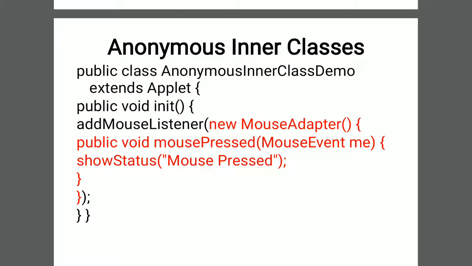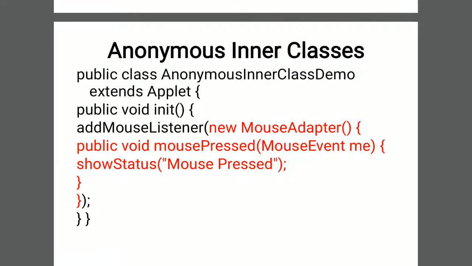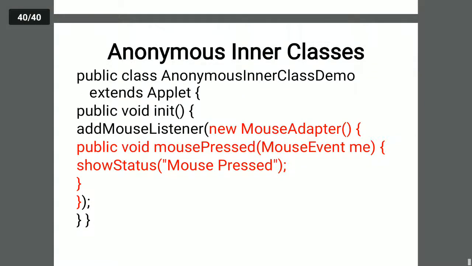That inner class is present within AnonymousInnerClassDemo. So now the showStatus method will be called without any reference variable or object of the outer class. Why? Because the outer class is a subclass of the class called Applet. Again the size of the program is reduced compared to the previous inner class. So it will be helpful in various ways to implement the events.